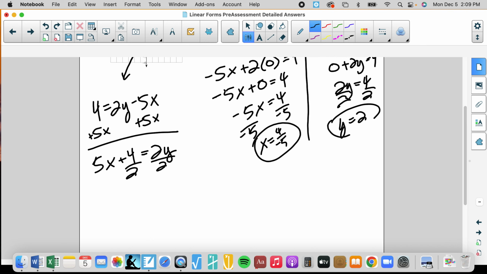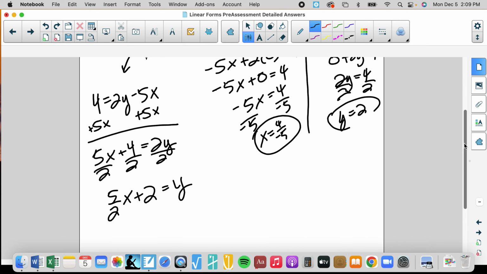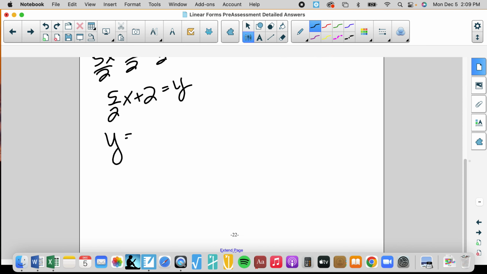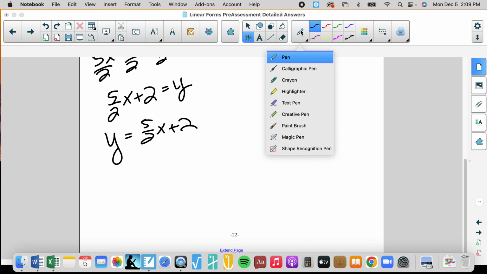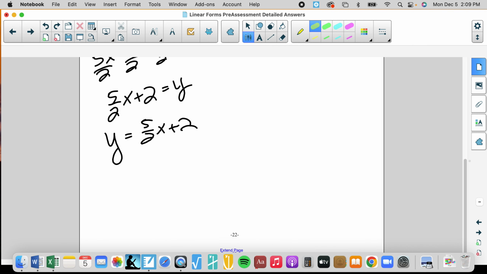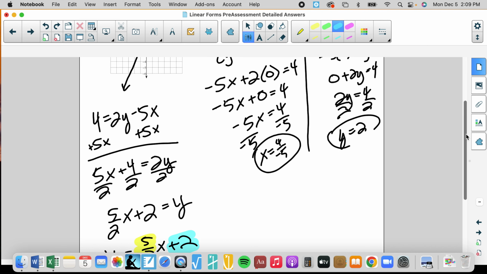Divide everything by 2, and you get 5/2 x plus 2 equals y. If we wrote the y first, that's y equals 5/2 x plus 2. So my slope is going to be 5/2, and my y-intercept is 2.